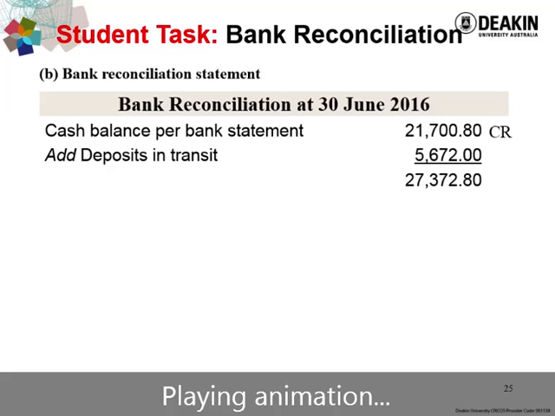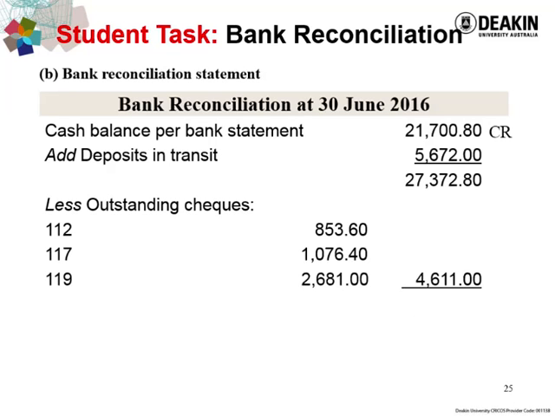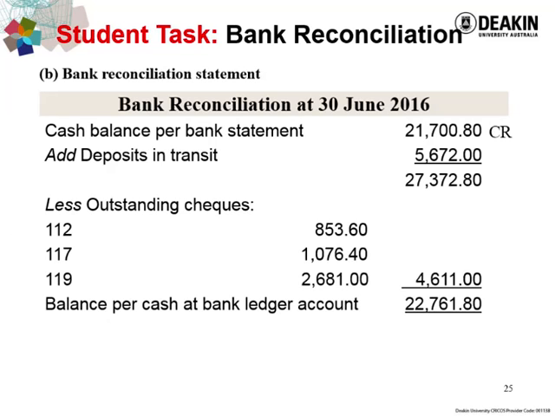And we less all the outstanding checks that we have previously identified with a total of 4611. This gives us a debit balance per cash at bank account 22761.8. So we have two consistent figures and consistent debit balance here. This will be a debit balance per cash at bank account.